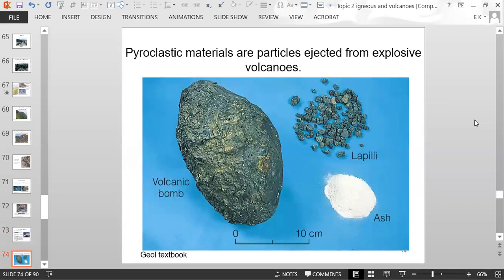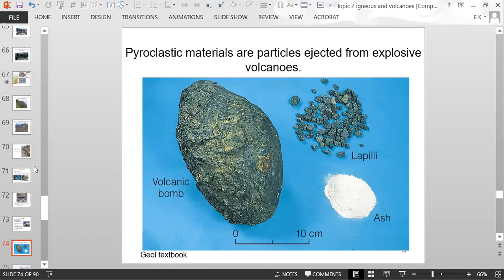So this is a picture of a volcanic bomb. Again, think of it like a raindrop that forms into a raindrop shape as it falls and then hardens. So the blobs of lava are hardening as they fall, so they end up having this shape. And then here's the lapilli and the ash.